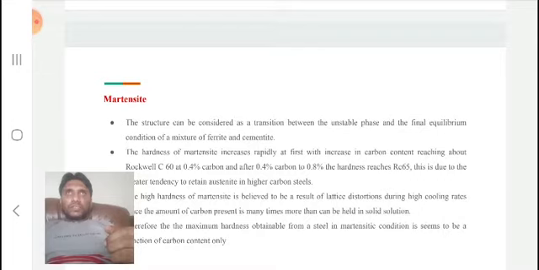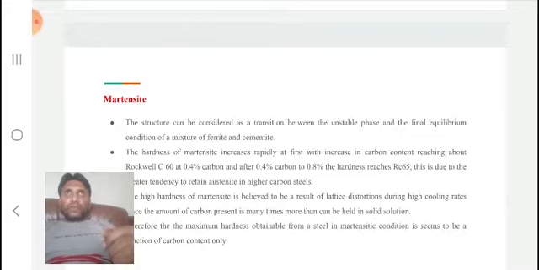As the percentage of carbon increases from 0.025 to 0.4%, the percentage of martensite increases, because it is the unstable phase of a mixture of ferrite and cementite, that is pearlite. Martensite is formed up to 0.4%. Whatever martensite is formed up to 0.4% increases the hardness to Rc60.